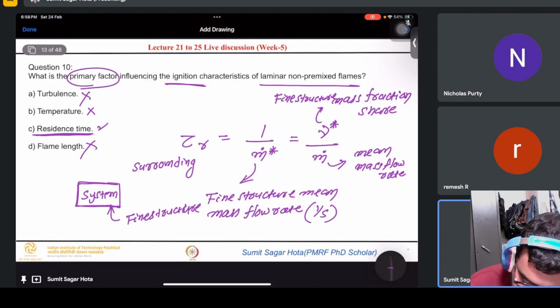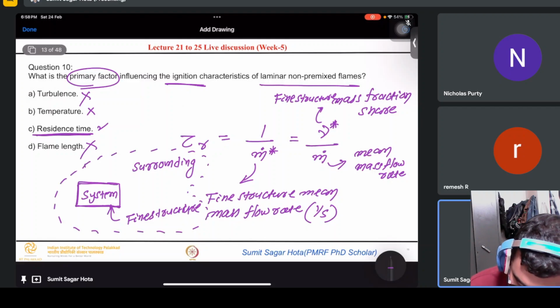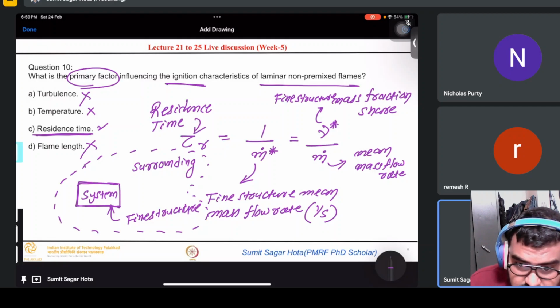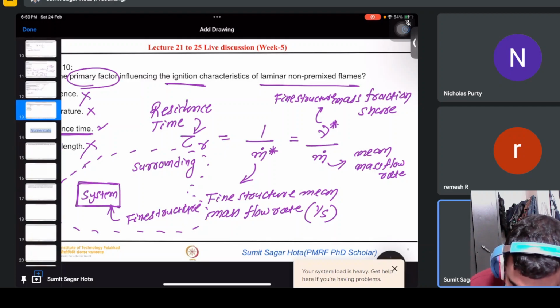Different authors have different ways of explaining this.